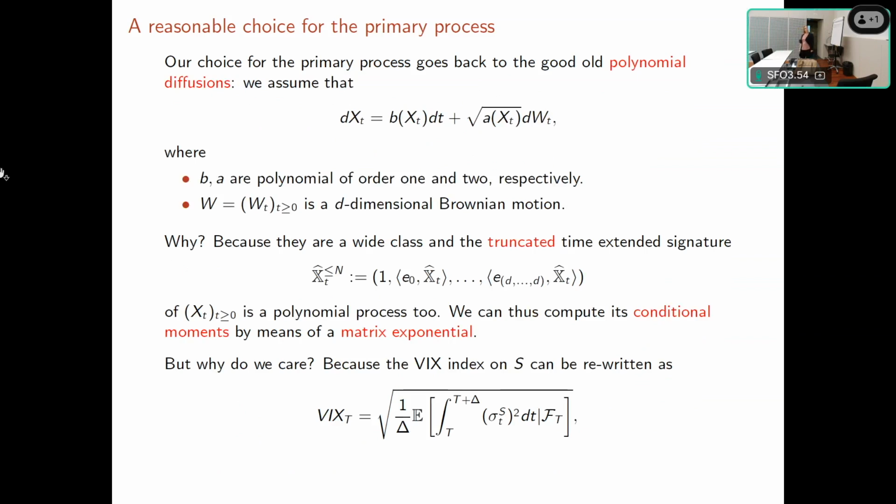the VIX can be computed using this formula. So if your sigma square is a linear combination of the signature, that conditional expectation can be computed explicitly. And you can get the dynamics of the VIX without any simulation of the conditional expectation, which we all know is quite painful, okay?